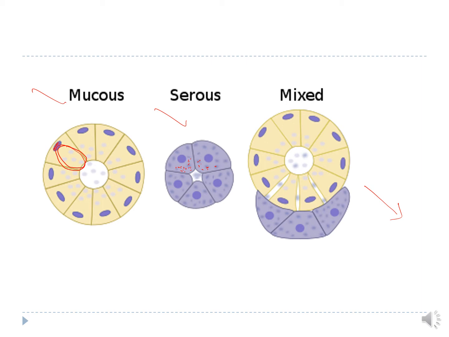This feature of half-moon-shaped serous acini present on the surface of mucus acini is known as serous demilunes. Now, this is a feature predominantly of the mixed salivary gland, that is the submandibular gland, which contains the mucus as well as the serous acini.